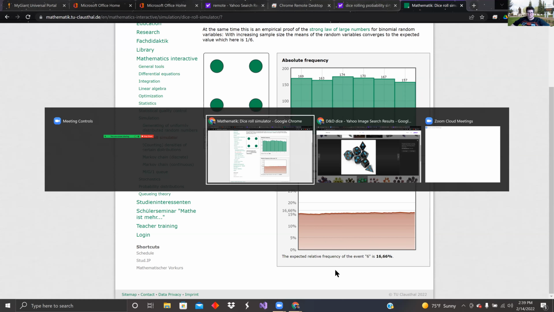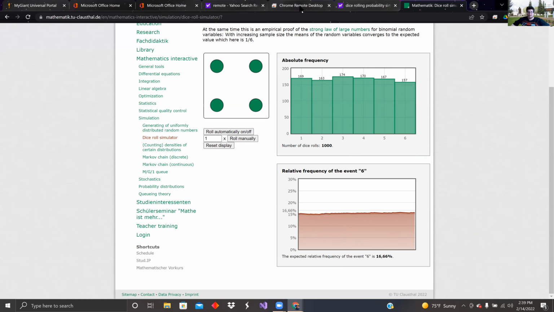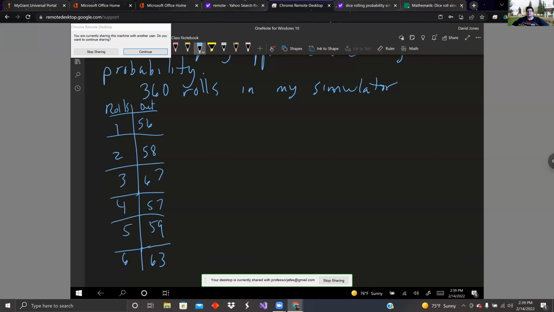So let's go back over to our, actually, it's on that same tab. There we go. So we saw for 6, it shot up to 30%, was down like this, and it starts to flatline. This is called the law of large numbers.